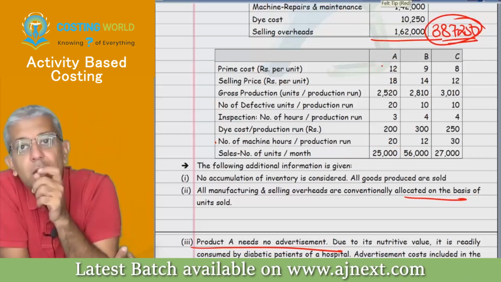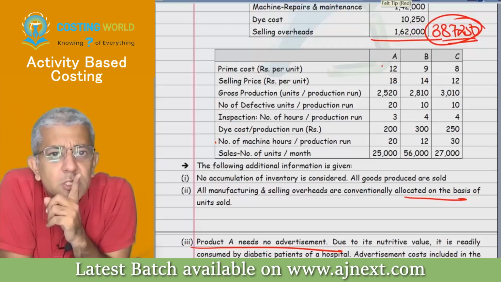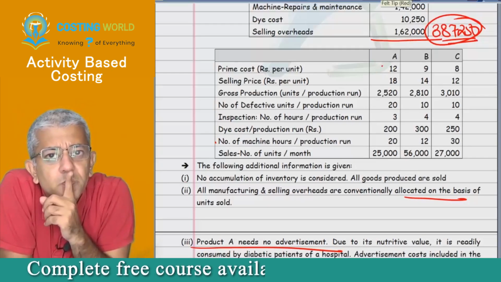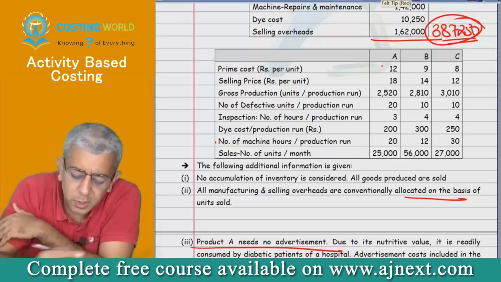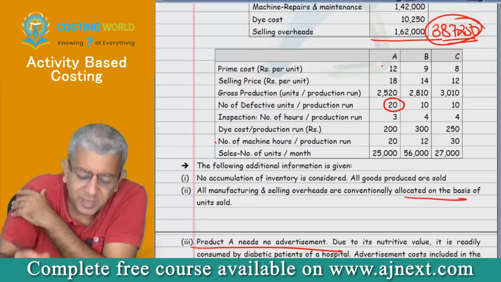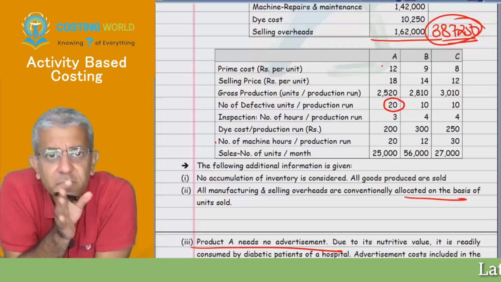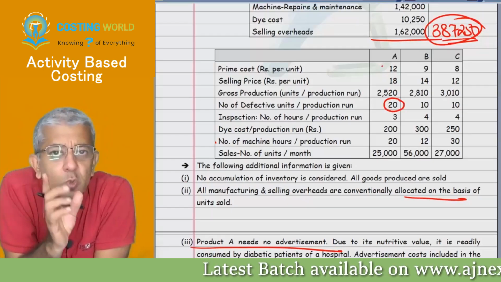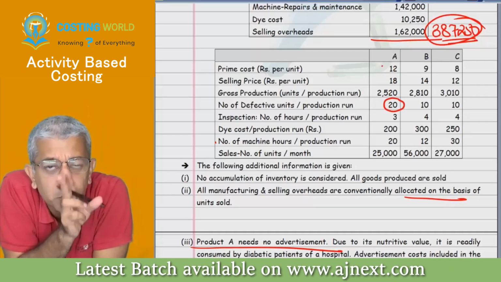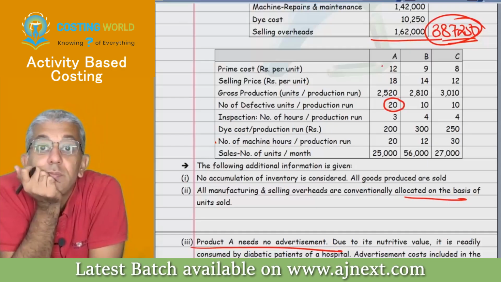Listen, can you say prime cost is incurred whenever you all produce, no? Yes, sir. Beta, you also produce these defective units. Defectives are produced, you might be throwing them away, that's okay. But prime cost will be incurred even for those units, no? Yes, sir.